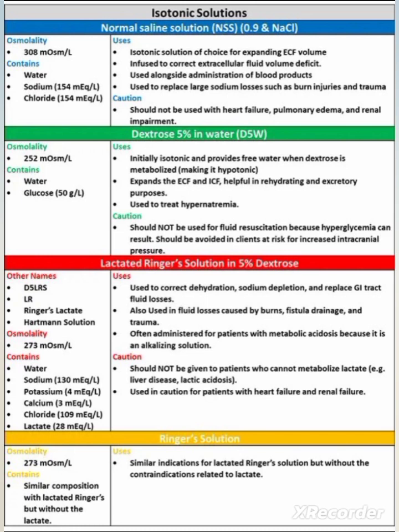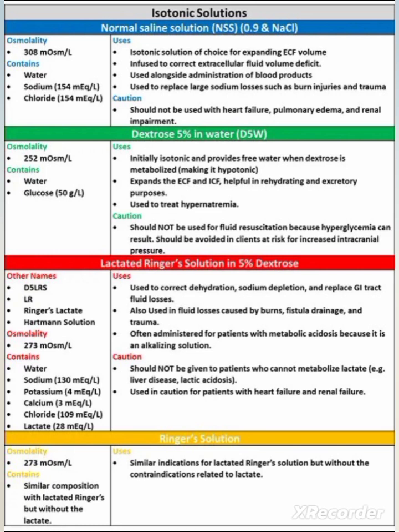The uses of normal saline: it is the fluid of choice for the expansion of extracellular fluid volume, and in case of extracellular fluid volume deficit this can be used.